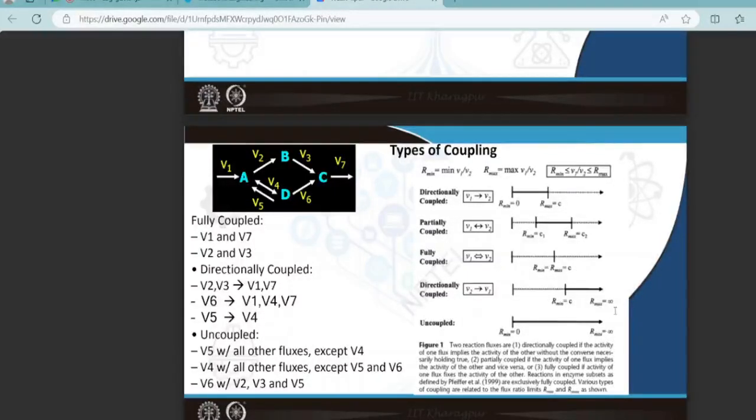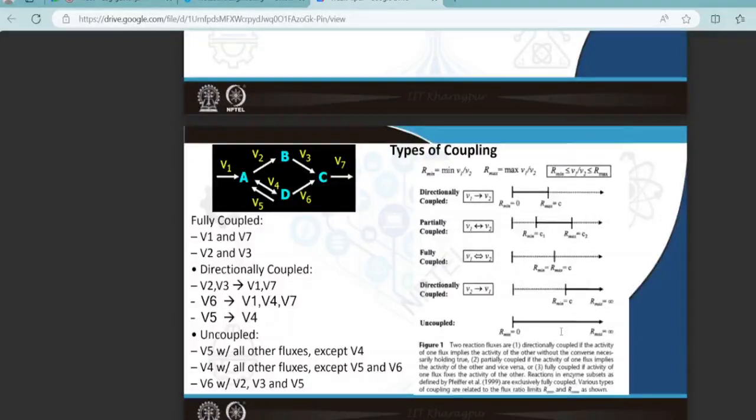Whereas in a directionally coupled reaction, they say that because both of these are aligned towards producing a specific product, and because none of them can be zero, the Rmin itself is C, and the maximum can reach up to the theoretical limit of infinity.